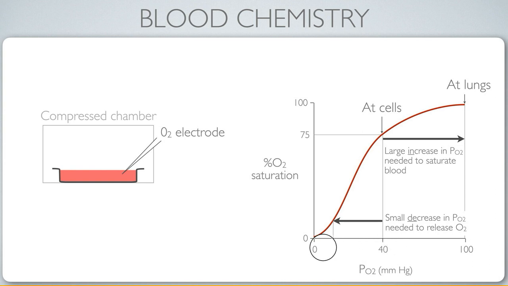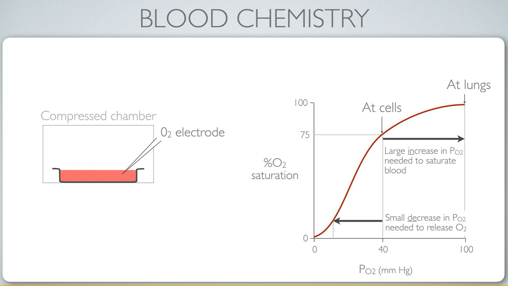And despite that being a pretty small difference in partial pressure, we get this huge drop in the oxygen saturation. So on that part of the curve, just a really small decrease in partial pressure effectively releases a lot of oxygen, because the y-axis tells us how much oxygen is in the blood.